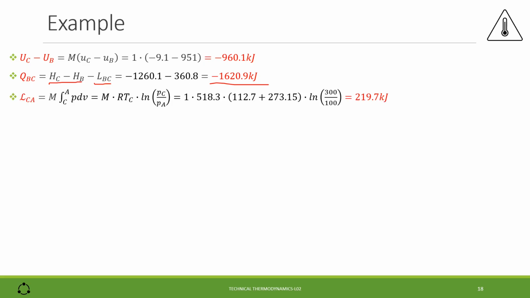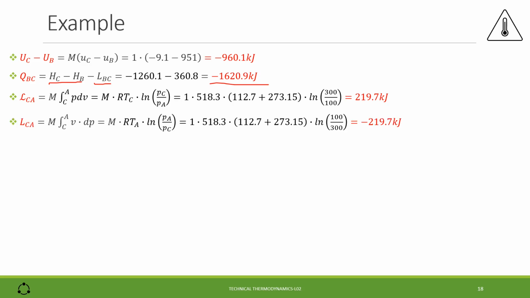The thermodynamic work between the state CA, since it is isothermal work, we can calculate by using the formula number 11, and we find 219.7 kJ. For the technical work we can use the formula 12 and we find the same value with the opposite sign.